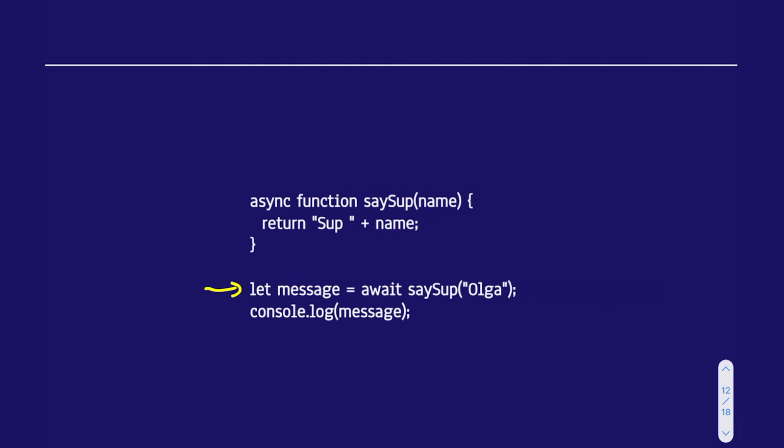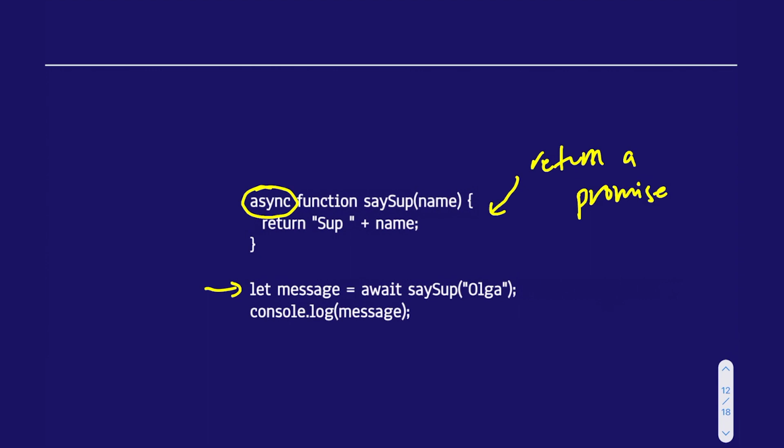One thing to point out is anytime you see this async keyword in front of a function, what that means is this function is going to return a promise. It may look like it returns a string, right, sup plus the name, where the name is the parameter passed in, but since we have that async keyword, it's going to return a promise.